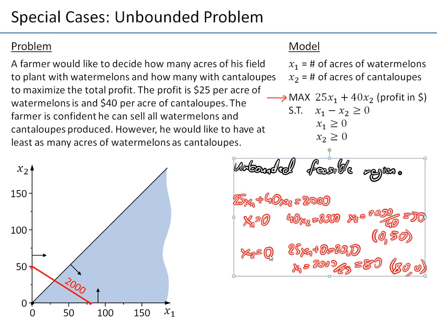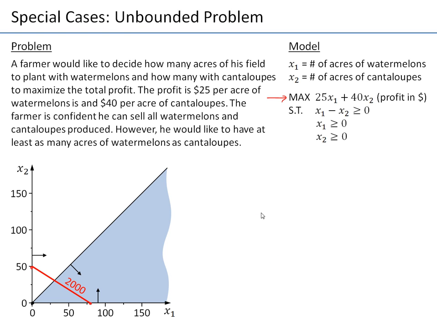Now if I try another value, let's say I'll try 25x1 plus 40x2 equals, I'll double it, 4000. If x1 is 0, then you'll see x2 is equal to 100. So I have the point (0, 100), and that is here.